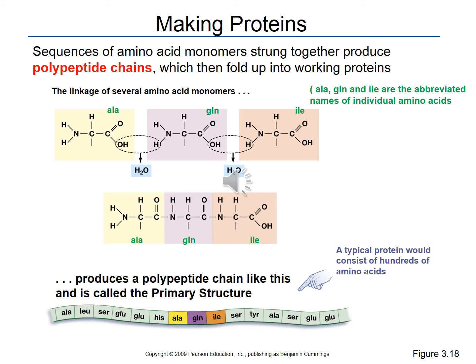So when you look at this slide, starting on the left, the orange box is an amino acid. On the left-hand side, you see the atom, that's the N, bound to two hydrogens. That's the what functional group? The amino group.